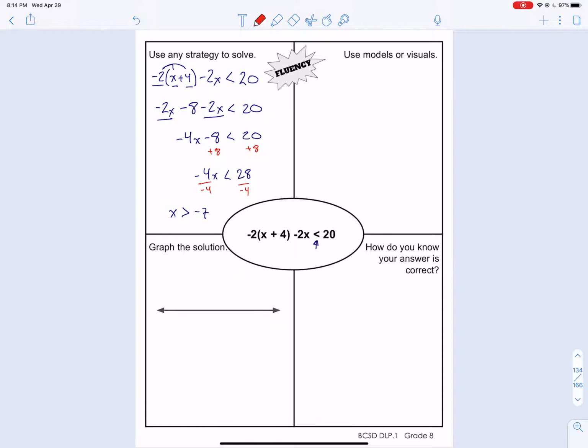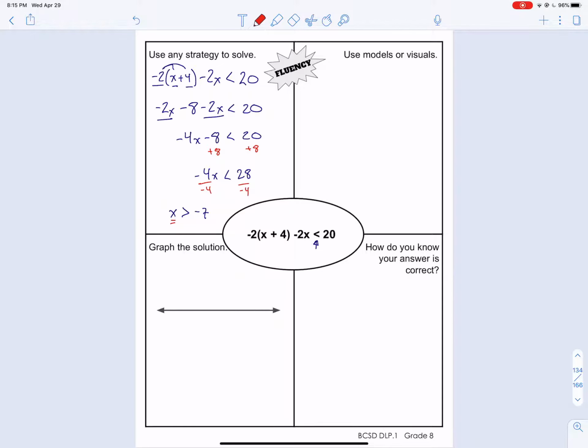So think of a number that's greater than -7. x is not equal to -7, it's greater than -7. So any number that's bigger than -7. We're just talking about a number line here. Let's just use this open number line that's here.